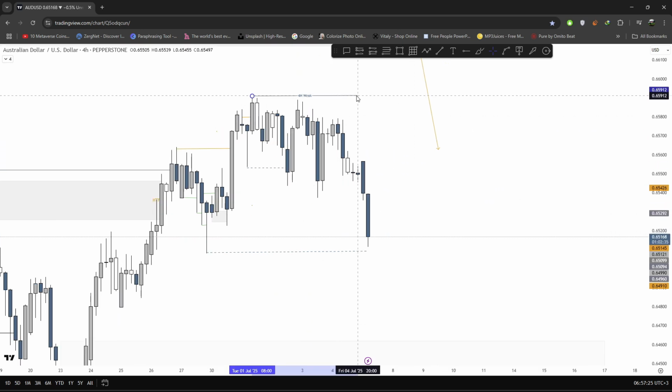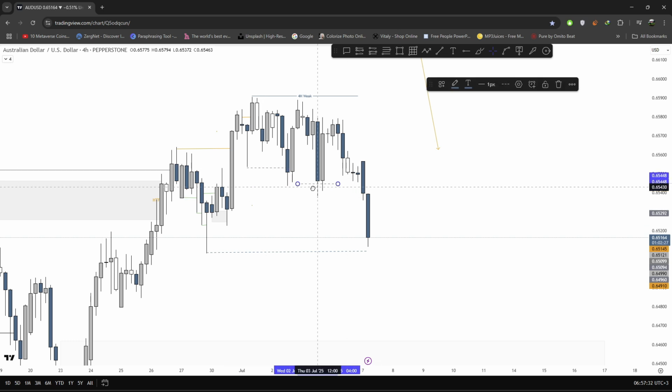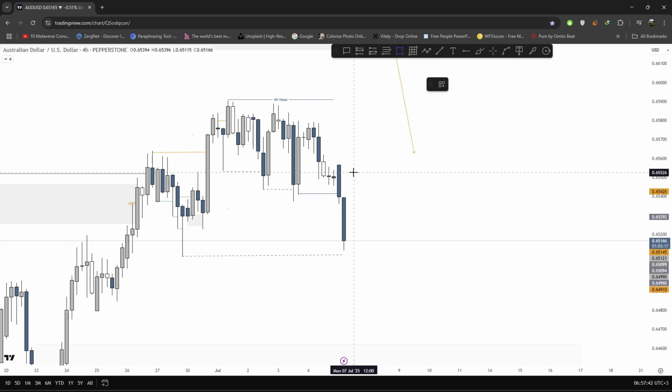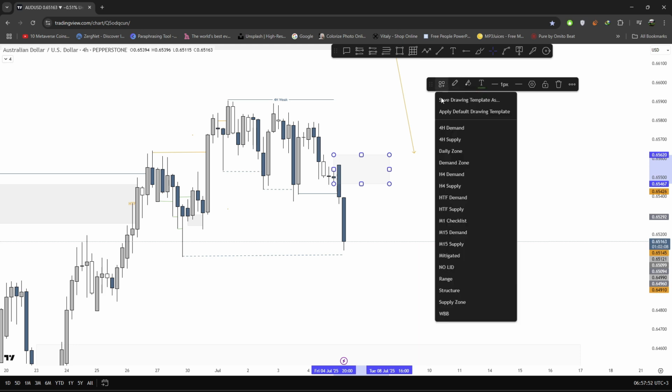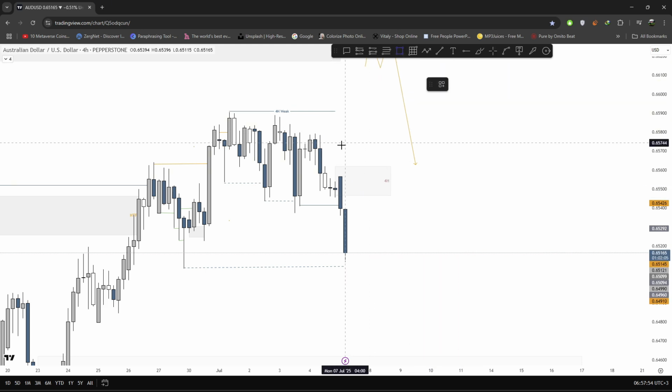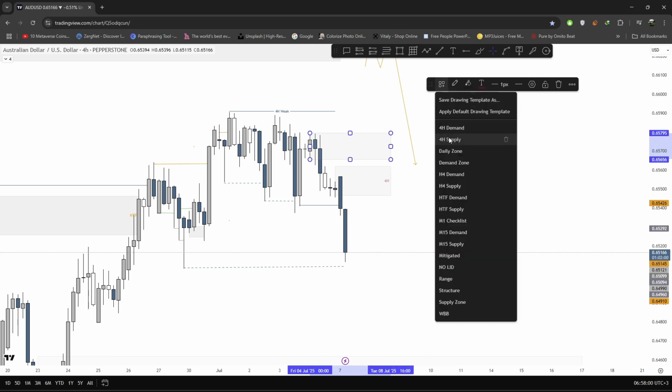However, internal is continuously breaking structure to the downside, which is good for us. Okay. Good for us. Okay, so then what do we have? So we have these zones here of that supply that caused our break. This one also hasn't, price also hasn't come back there.